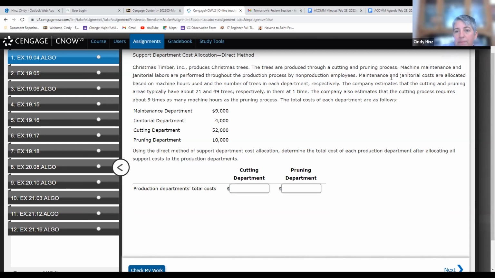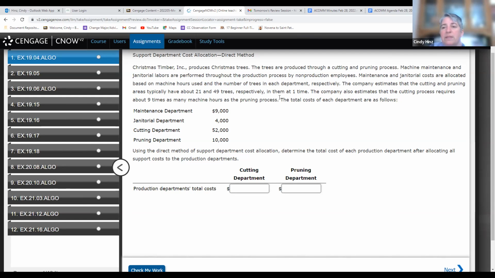The two support departments are machine maintenance and janitorial, and the two production departments are cutting and pruning. Maintenance and janitorial costs are allocated based on machine hours used and number of trees in each department, respectively. So maintenance allocates based on machine hours and janitorial is based on number of trees.